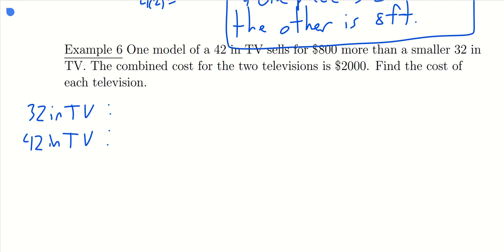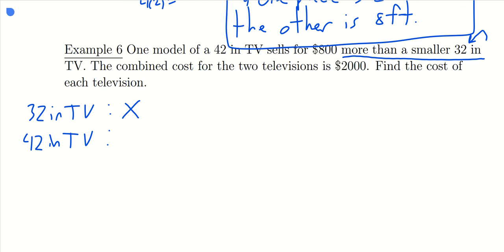When I reread the problem, it says one model of a 42-inch TV sells for $800 more than the smaller 32. What that means is that everything is being compared to the price of the 32-inch TV. So that's the one you want to let equal your X.